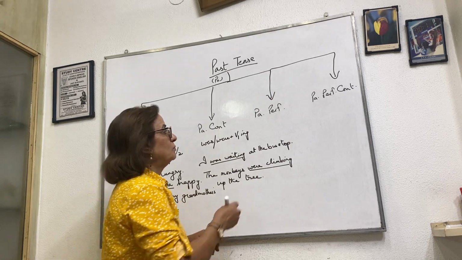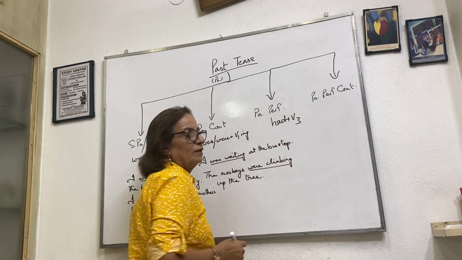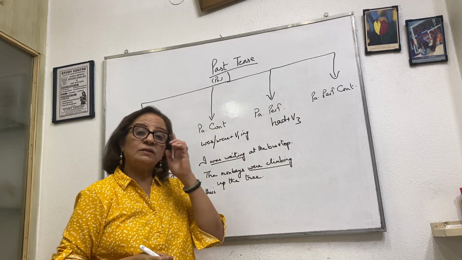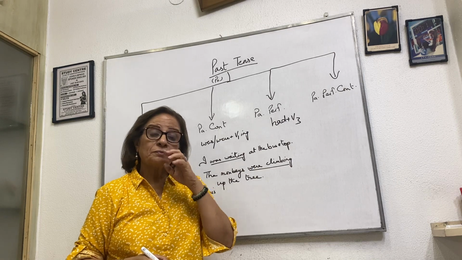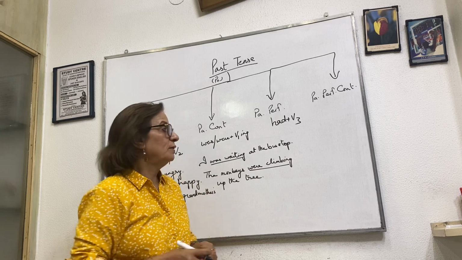Okay. Now come to the past perfect. Had plus verb V3. Had plus verb in the third form. Okay. Any action done in the past and completed. Okay.